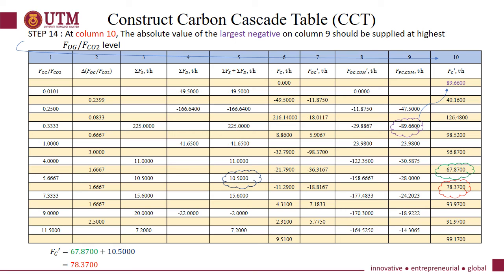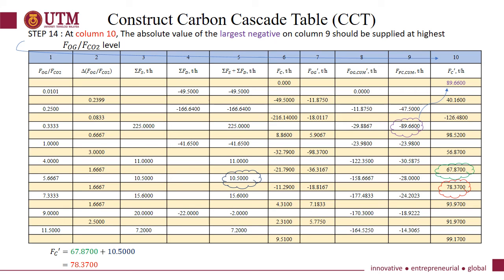This value is then cascaded again with the net interval carbon flow rate from column 5 to yield the visible carbon cascade. For better understanding, let's take one of the calculation steps as an example.